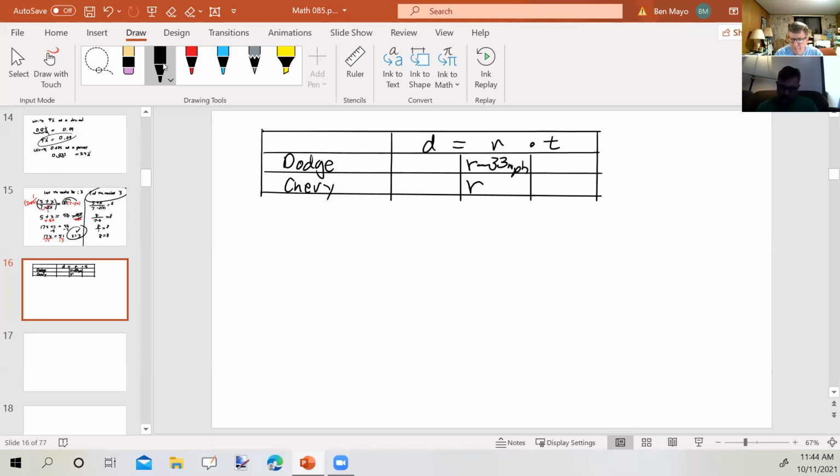Okay? Any questions about where I got that? At their top speeds, a Corvette can travel 6 miles. So the Chevy, 6 miles in the same time that the Charger, the Dodge Charger, can travel 5 miles.